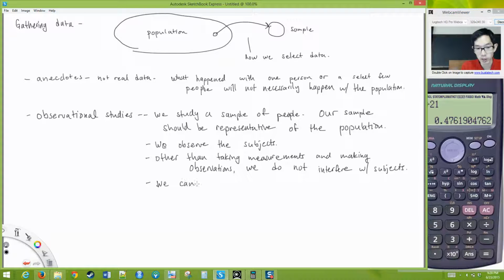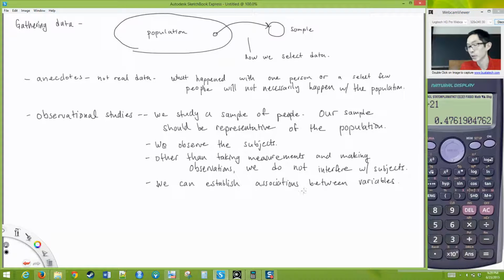We can establish associations between what we call factors, or between variables. We'll just say that. We can establish associations between variables.